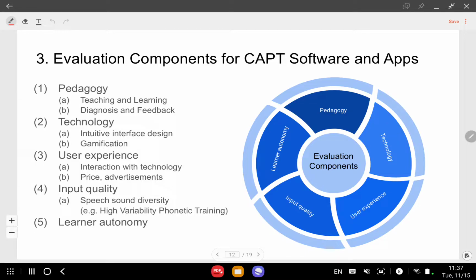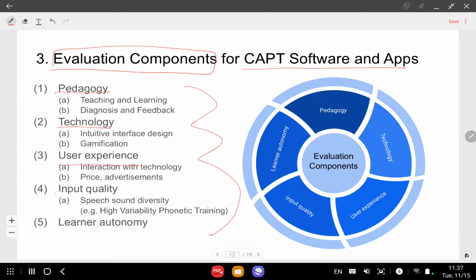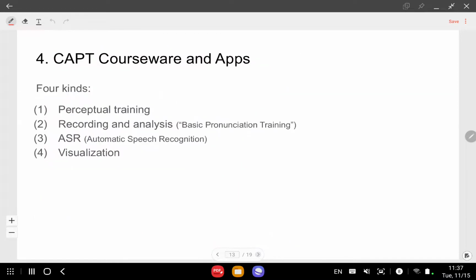So, what kind of evaluation components can we use to judge whether a software is good or not? Well, here are 5 criteria: pedagogy, technology, user experience, input quality, and learner autonomy. These can be divided into subsections, but I will not go into that detail here.